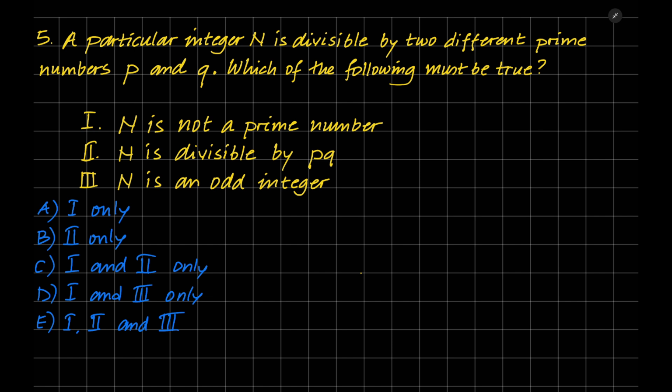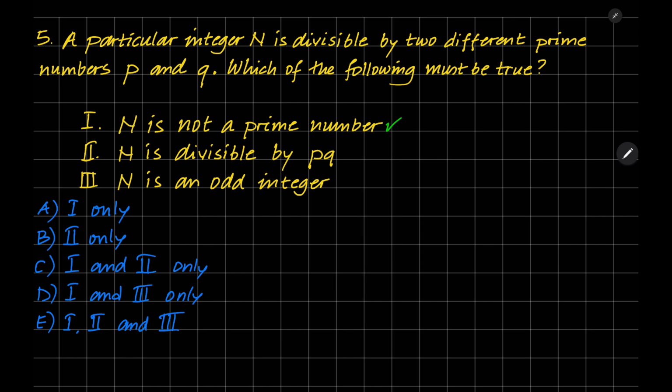First, recall that a prime number is only divisible by itself and 1. Statement 1 must be true, since a number that can be divided by two prime numbers cannot itself be prime.